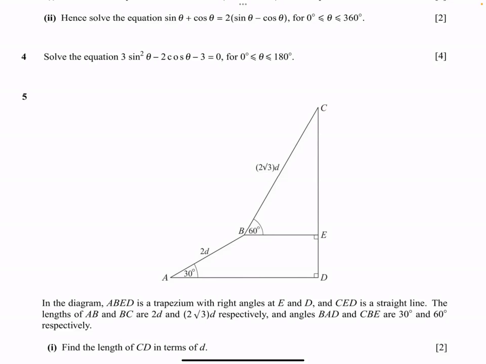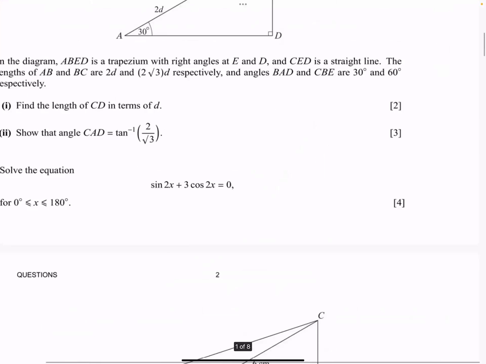No questions? Okay, let's try this one, question number 27 from the worksheet.